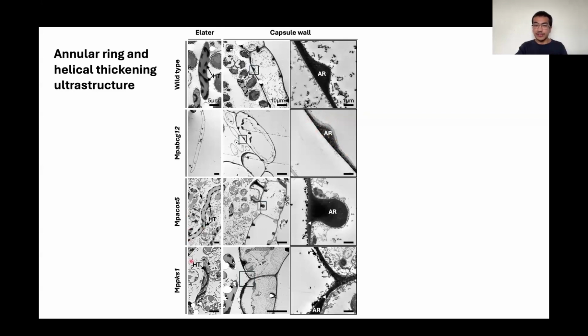Whereas for ACOS5 and PKS1, TEMs don't reveal much about their differences. They look very similar to the wild type in terms of electron density. So there should ideally be a light microscopy based assay to test just how defective these secondary cell wall modifications are in these two mutants.